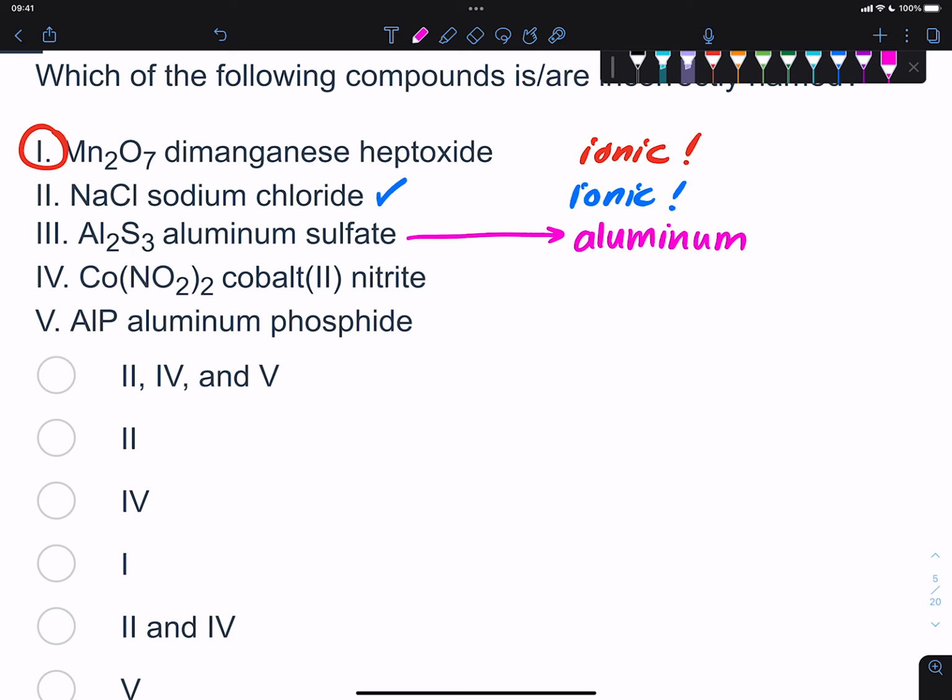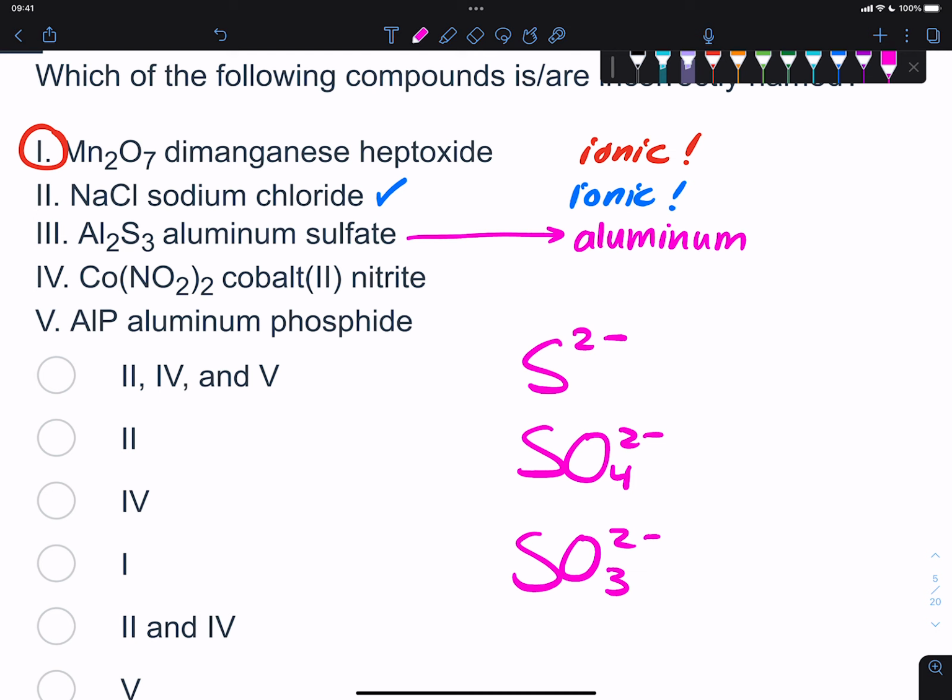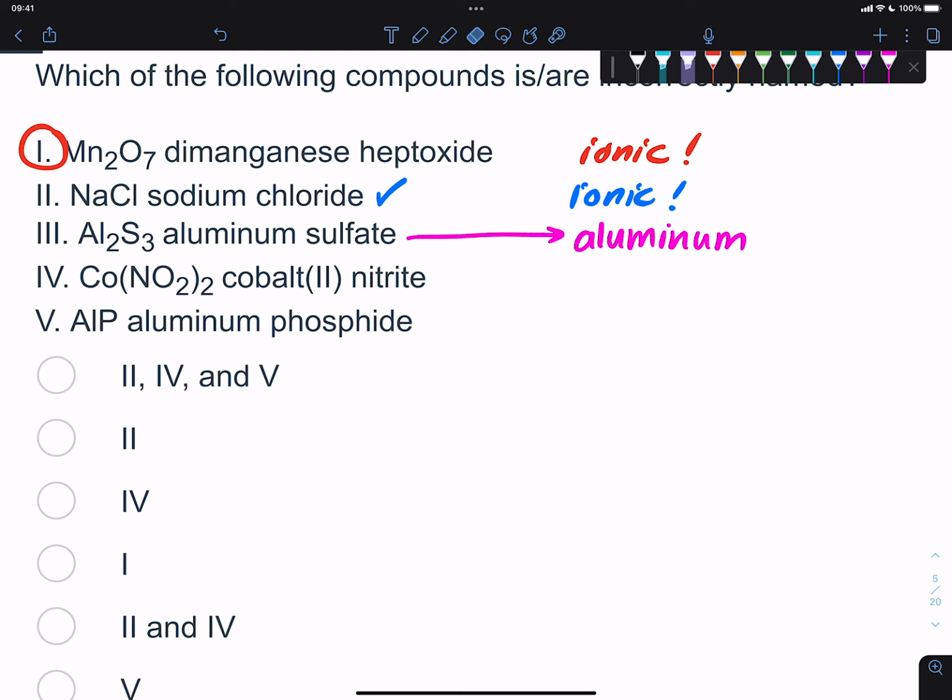So you definitely need to know your polyatomic ions and some mnemonic devices. There are those that can help you out with that. So because S is sulfide and not sulfate or anything, this is definitely incorrectly named. Here's the correct name. And we would say that because it's incorrect, we're going to circle it. So that means it should appear in your answers. Moving on to the next one.